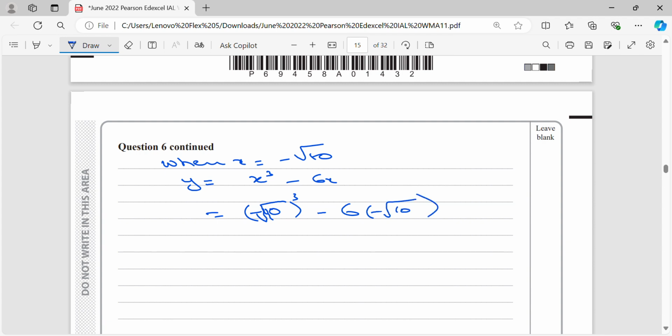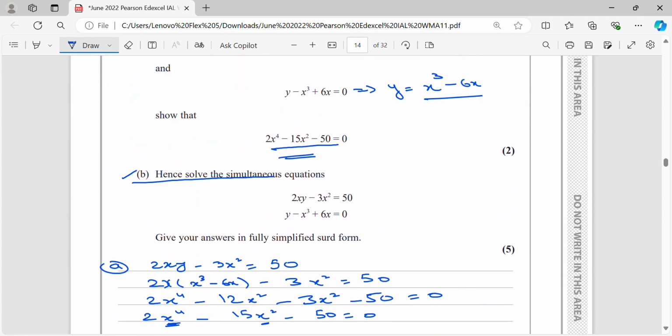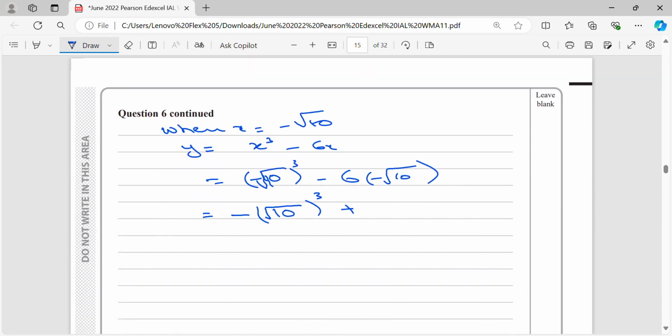Now this makes sense. It's cubed, so negative will remain as it is. Okay, so negative negative is positive, and this will be 6 root 10.